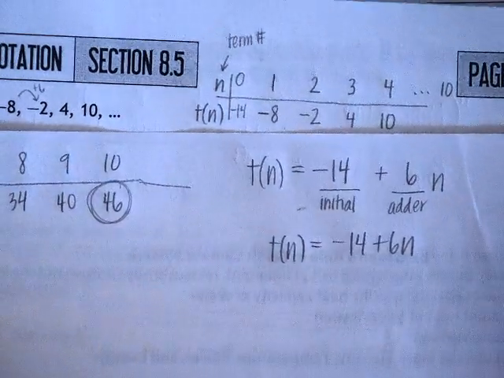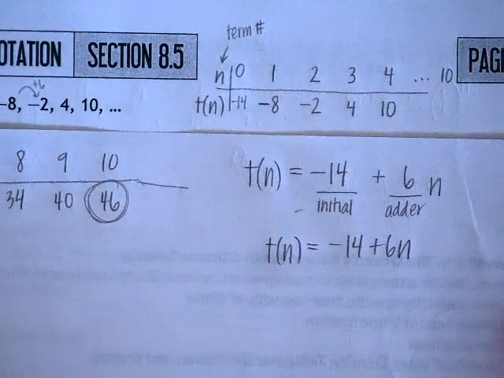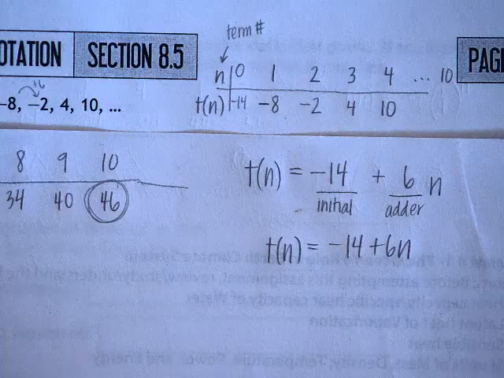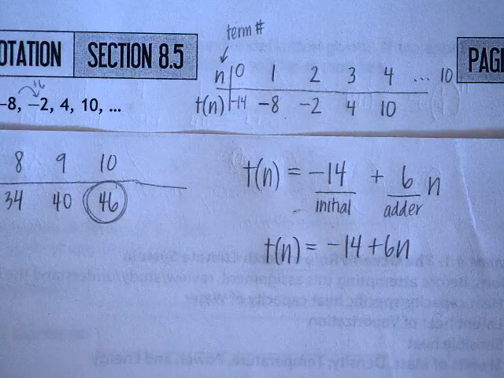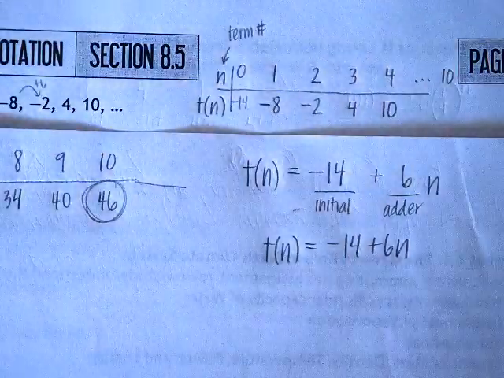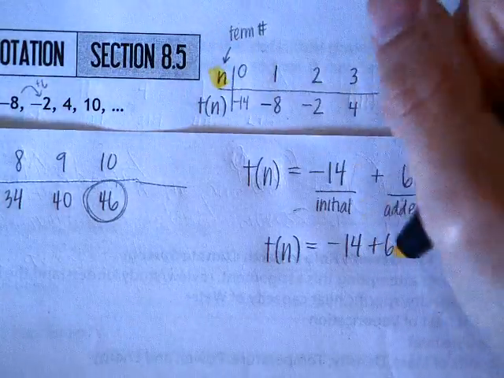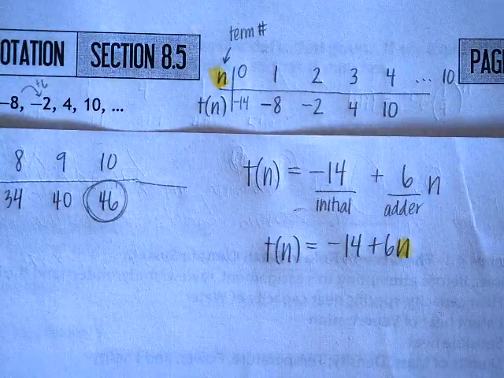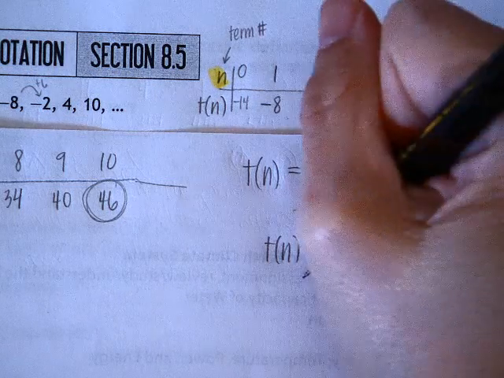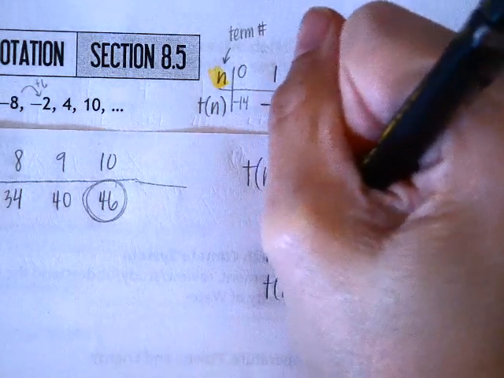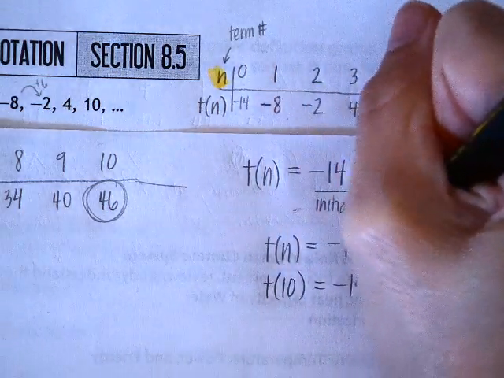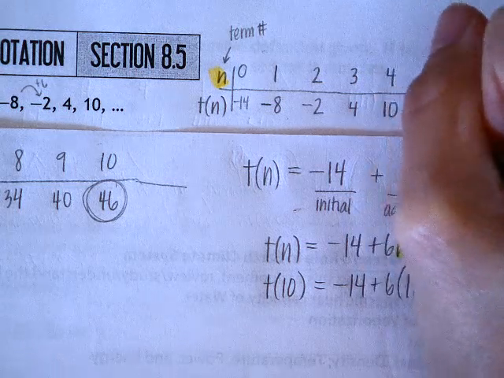But now, perhaps most importantly, I can say to myself, wait a minute, I want the 10th term. That means 10 is the term number that I want. Well, we already specified that n is the term number. So if I want the 10th term, that means I could definitely just plug in 10 for n, and I can, quote unquote, do the math.